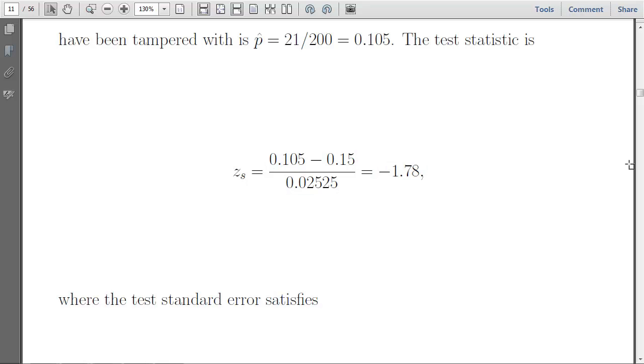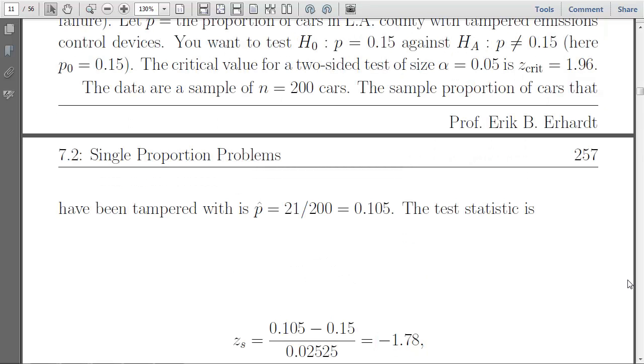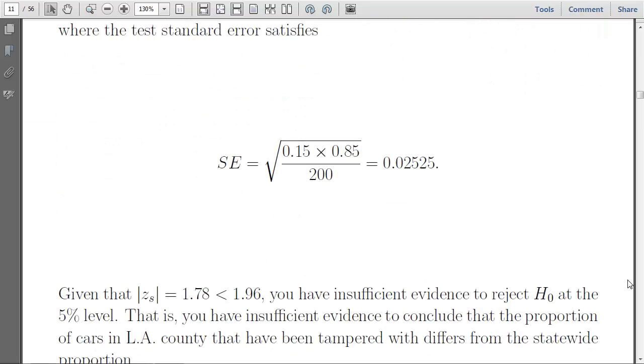So without comparing it to what's extreme, we tend to think of about 2 units as being extreme and less than 2 units as being not very extreme. In this case, 2 units is actually 1.96. And so it's not as extreme as 1.96, so we don't have enough evidence that it's different from the null hypothesis here.